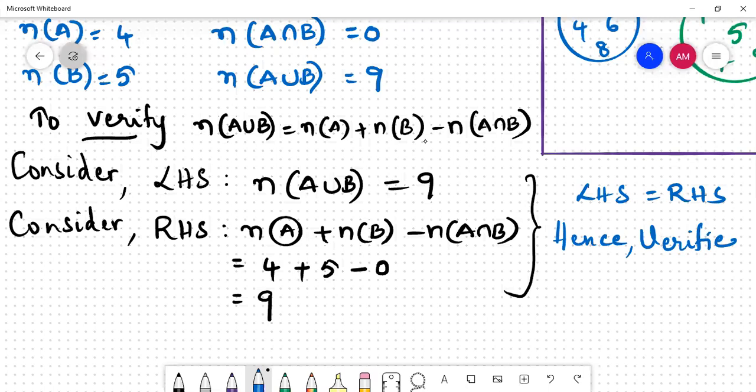Hence verified. That's all. So we verified this formula, this relation, for disjoint sets, and now we are going to verify this formula for another kind of sets. Can you guess what that is?